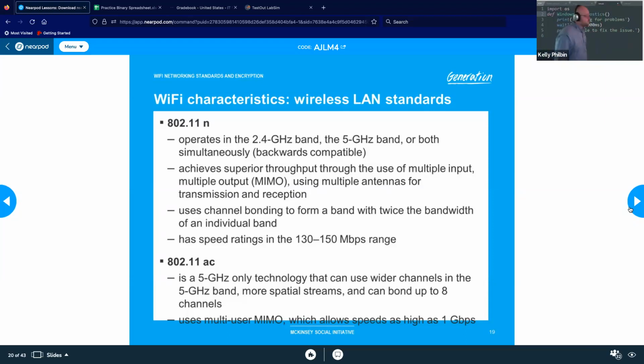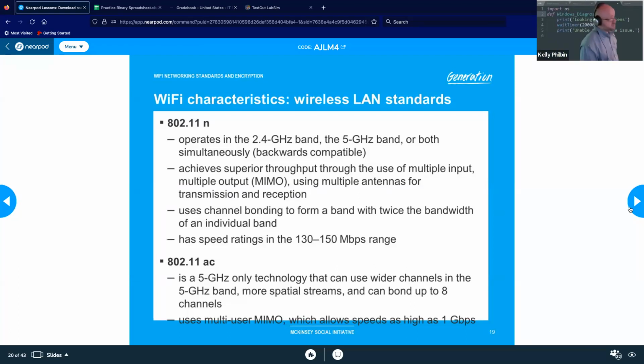This also allowed what is called channel bonding. So in the 5 gigahertz bandwidth, it could utilize multiple channels simultaneously to improve throughput. So instead of having to rely upon a single channel, it could use multiple at one time.